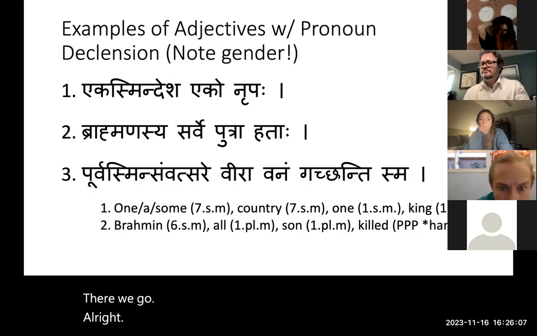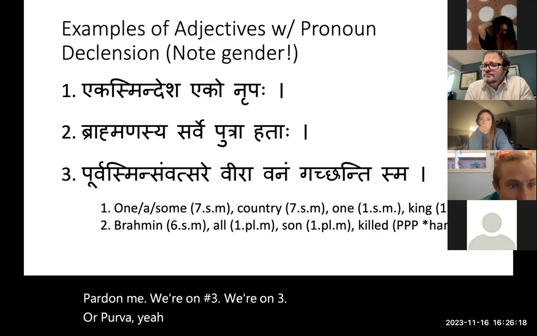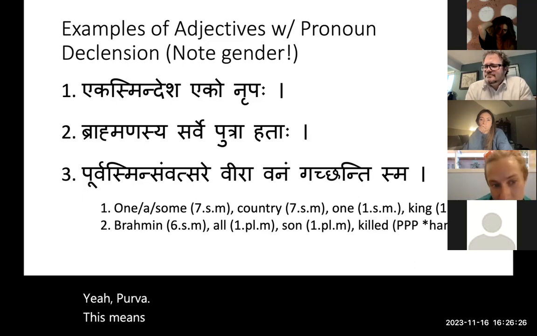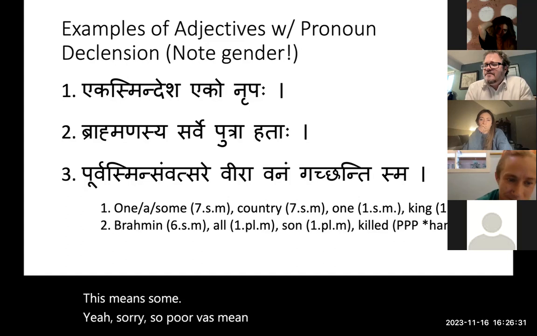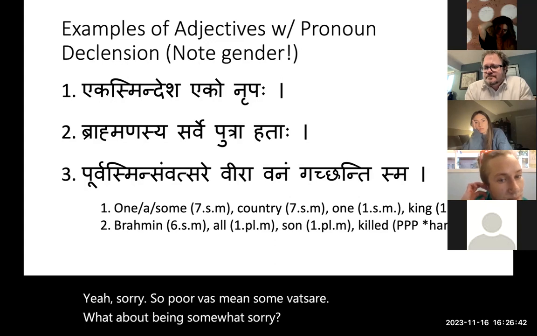So pardon me, we're on number 3 here. Purvasmin samvatsare, purvas means former. Vira, vanam, gachanti.